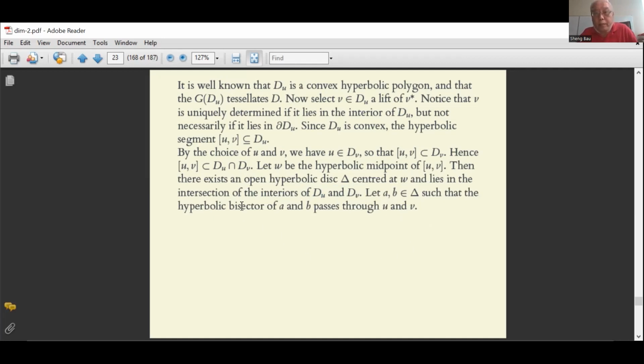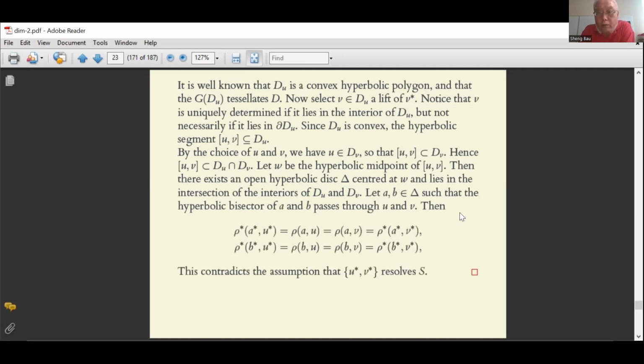Then the hyperbolic bisector of A and B passes through U and V, and therefore it has at least 2 points. It cannot resolve. So we proved that no 2 points can resolve any Riemann surface, and there exist 3 points. We constructed them algorithmically. They resolve the Riemann surface.